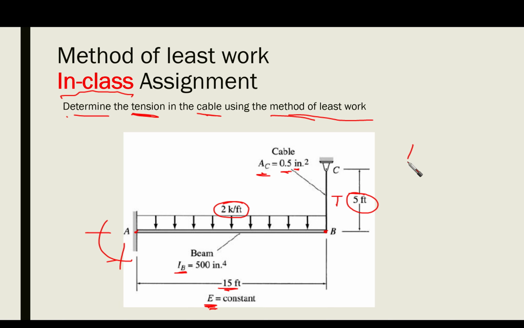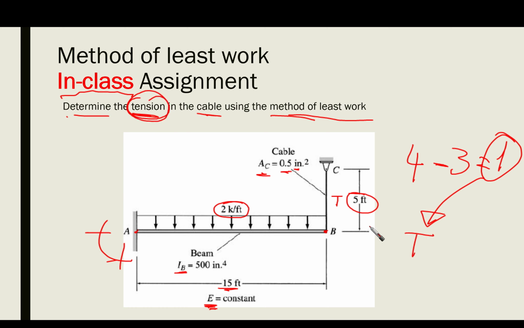So we have 4 minus 3 equilibrium equations, which means that we have one statically indeterminate system. This suggests that we can use our redundant to be one of these unknowns. They are asking here for the tension, so we are going to use T, the tension in the cable, as our main redundant.